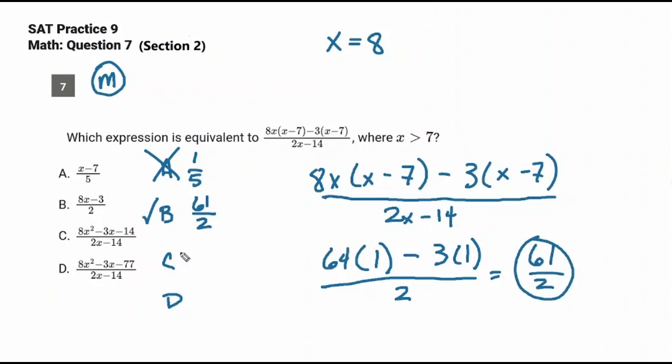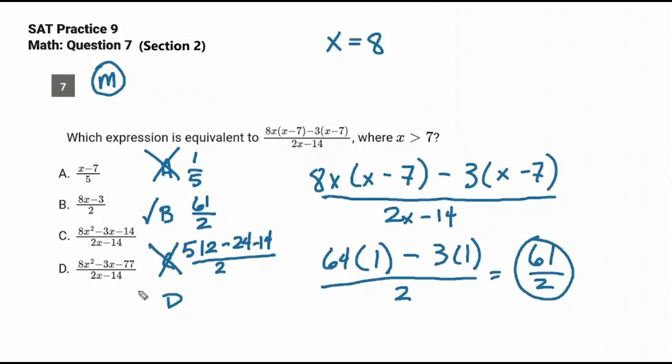Sure. So this is going to be 8 times 64. I'm going to do that one on your calculator. That's 512 minus 24 minus 14 over 2x minus 14. You know what that is. It's 2. You can ballpark. You don't need to do anything else. This thing on top is not going to be 61.